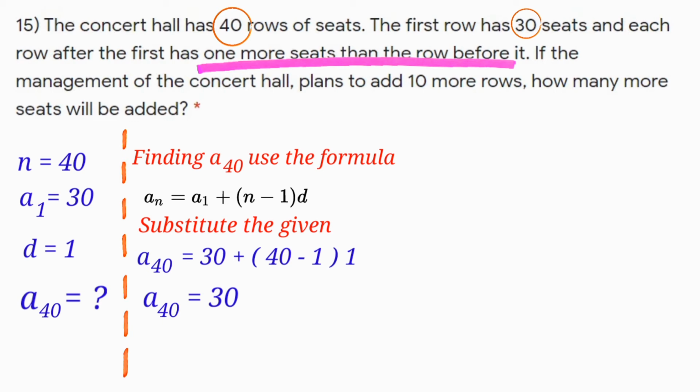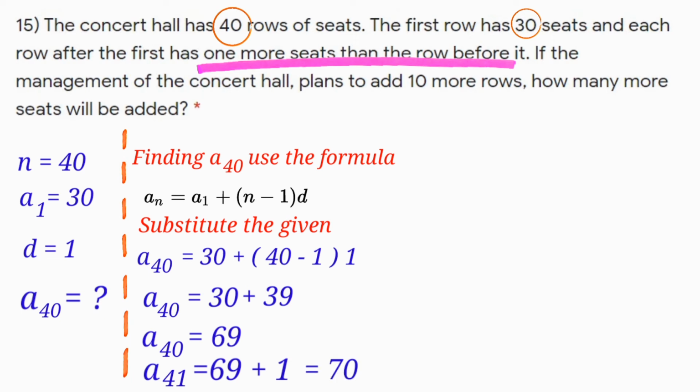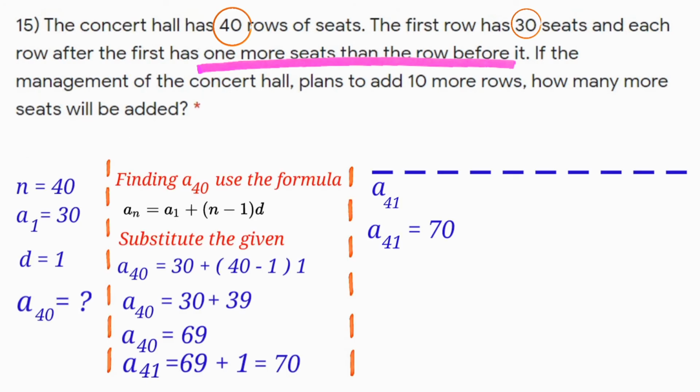A sub 40 will be equal to 30 plus 39. So a sub 40 is 69. And to find the next term, all you have to do is add the common difference. So a sub 41 is equal to 69 plus 1. So a sub 41 is 70. The 41st term is 70.